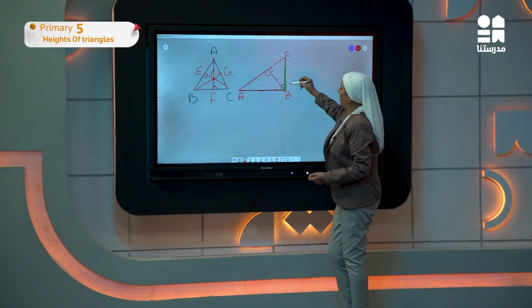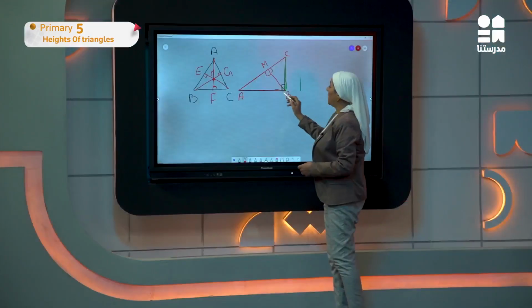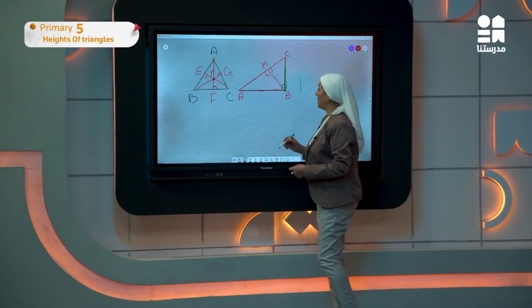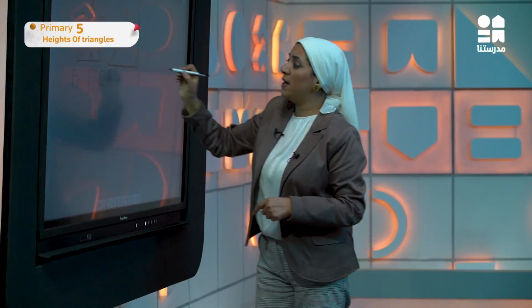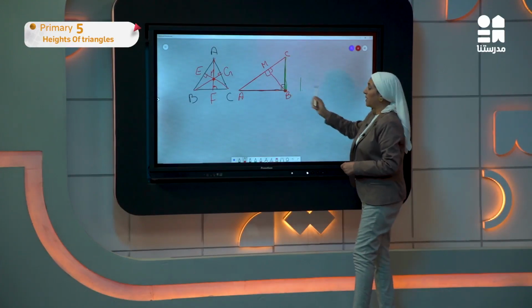Okay, then BN is my third altitude. Then my 3 altitudes are BA, BC, and BN. And if we notice, the 3 of them meet at point B, the vertex B. Now, let's move to the third type here, which is the obtuse angle triangle.